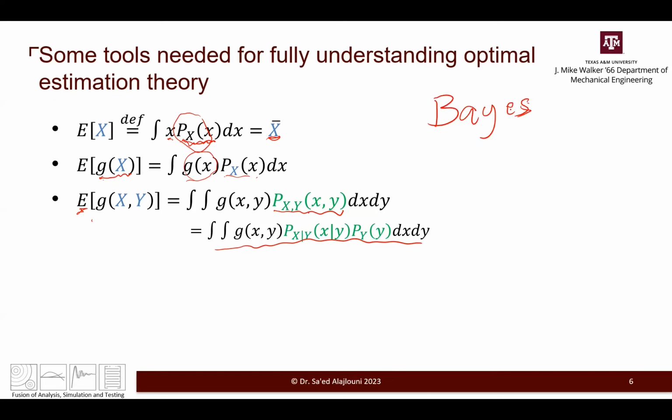So it basically says that the probability of x and y equals the probability of x given y times the probability of y. And this equivalently can be stated as the probability of y given x times the probability of x.